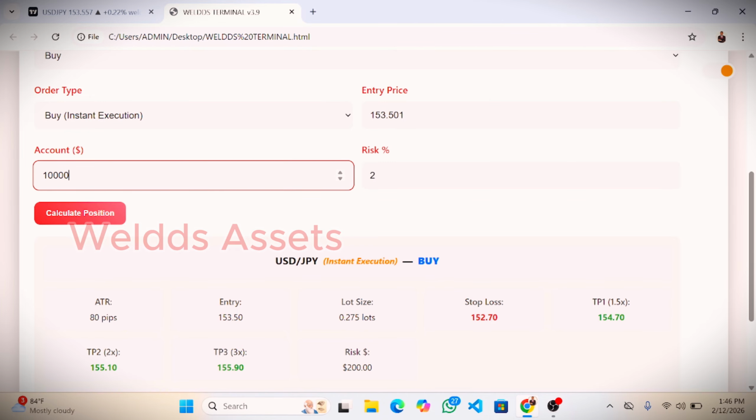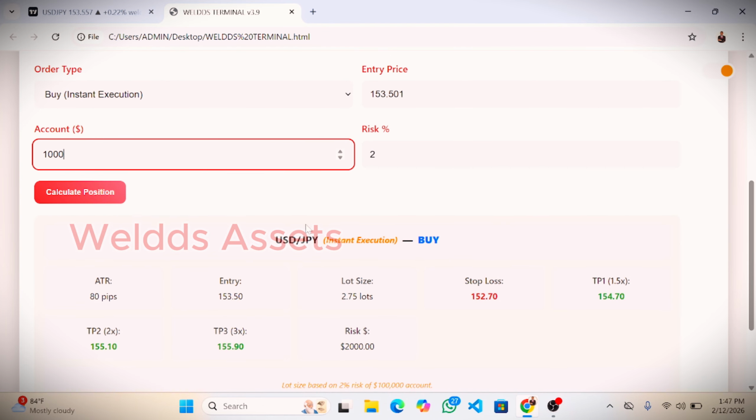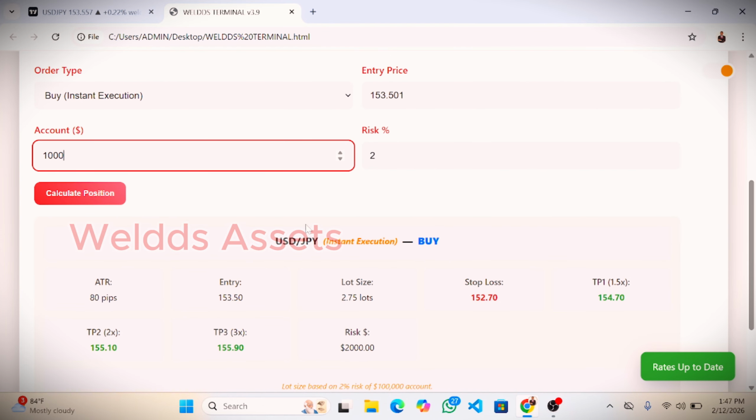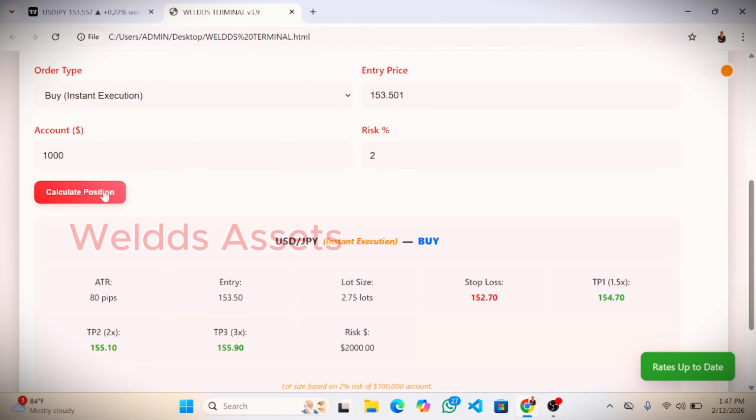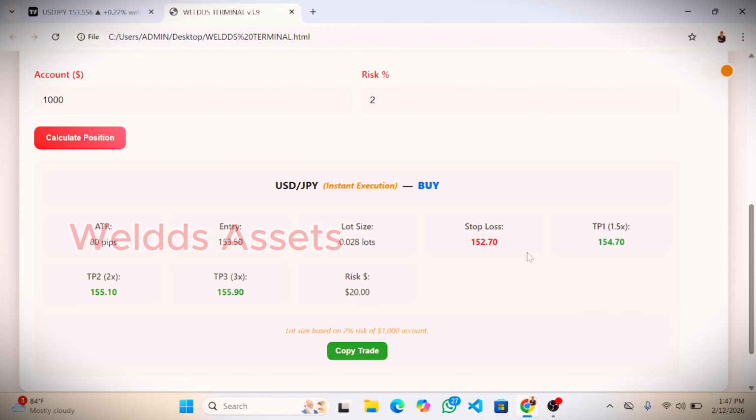If your account size is $100,000, you will be using 2.75 lot size. So the lot size is based on your account size, but the average number of people following the trade have an account size of around $1,000. So for $1,000, if you calculate, you should not use more than 0.03 on this trade. Your stop loss is around 152.70.